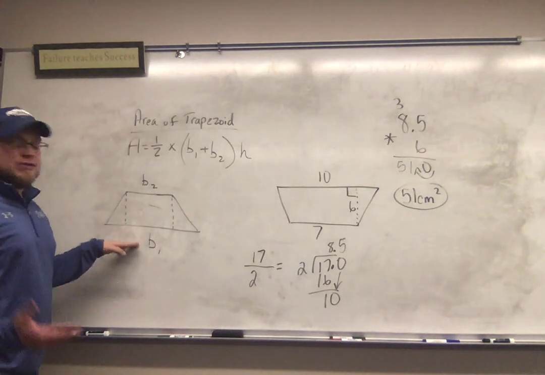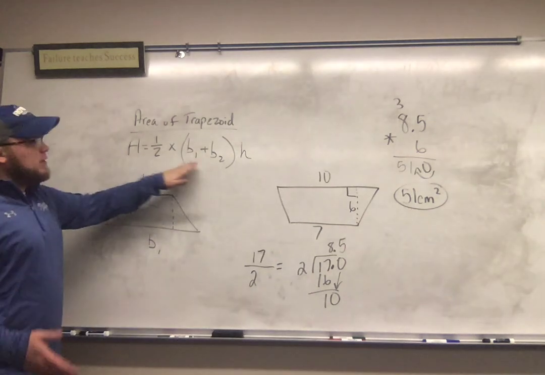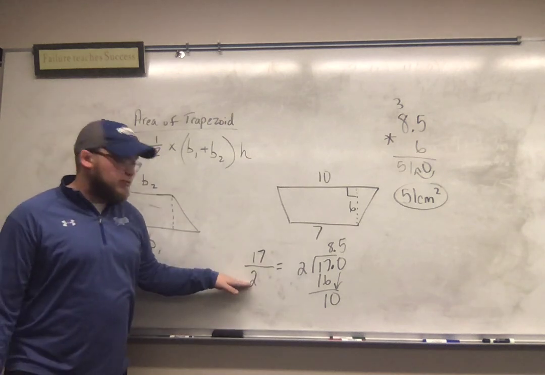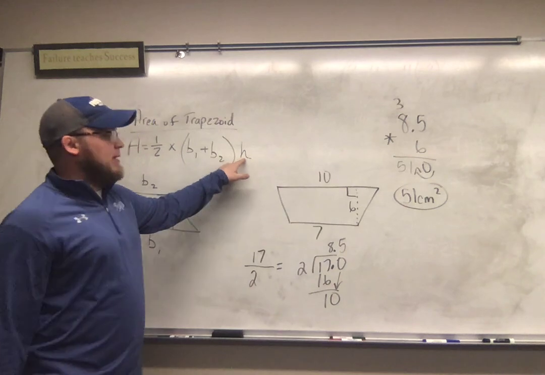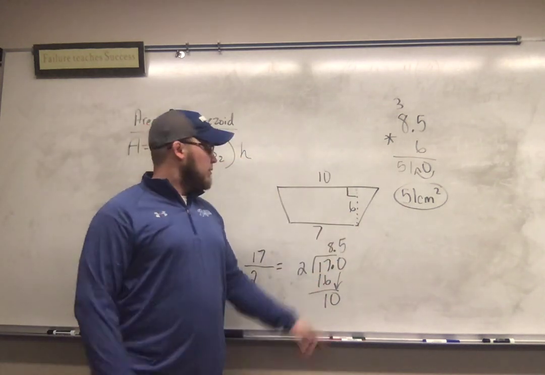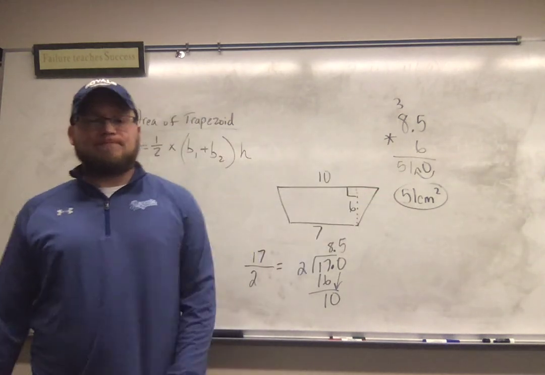It doesn't matter. It's just add the top and bottom. Do that first. Times by 1/2 next, or divide by 2. We divided by 2. We got 8.5. And at the very end, you times it by the height. The height is always listed as straight vertical up and down. 8.5 times 6, 51 centimeters squared.